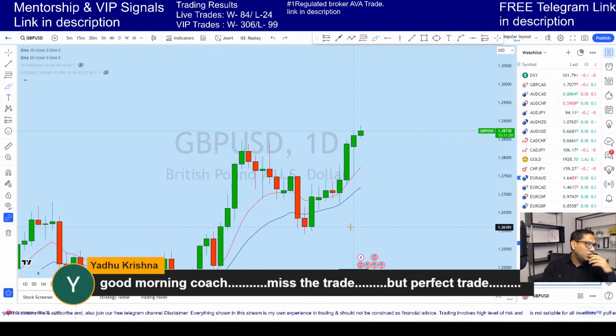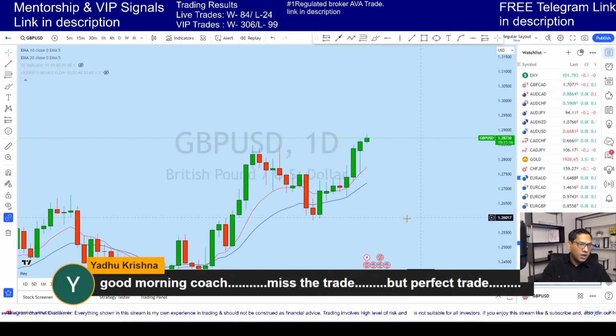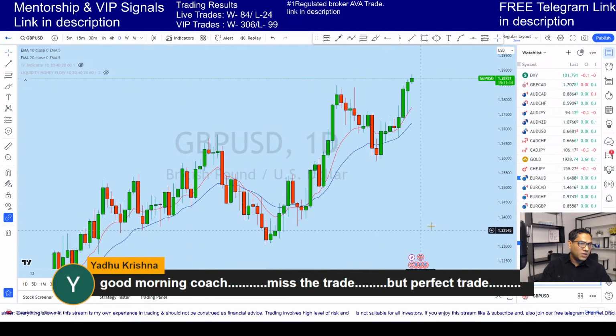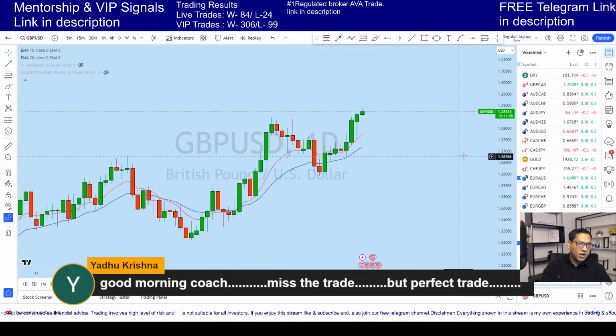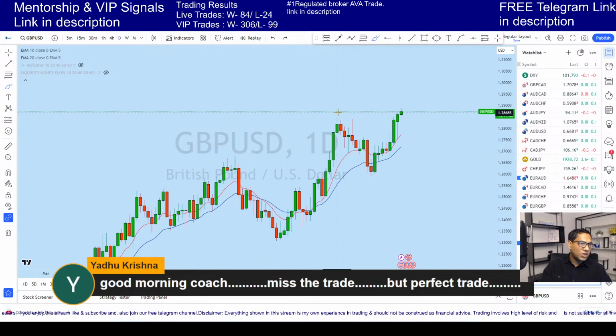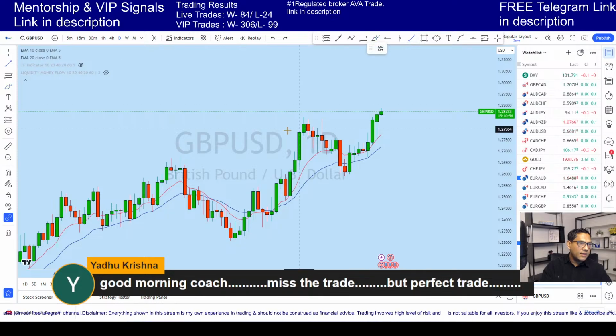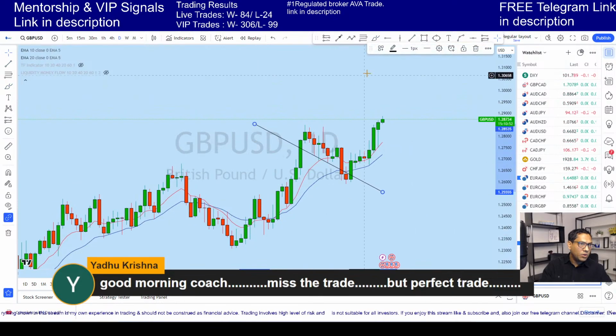So looking at GBPUSD from the daily perspective, we see that this market is very predictably readable. It's a bullish market structure with a series of higher highs and higher lows, a strong uptrending market structure followed by quite a few days of pullback and consolidation, which is basically a bull flag on GBPUSD.